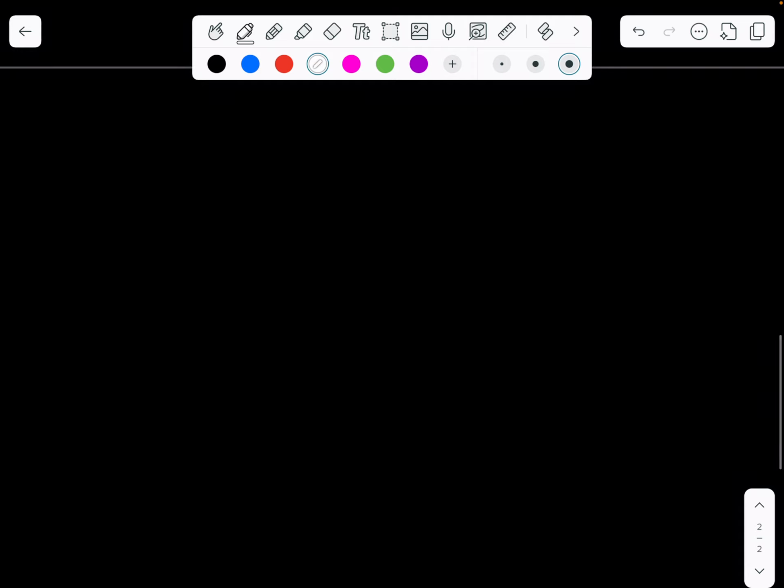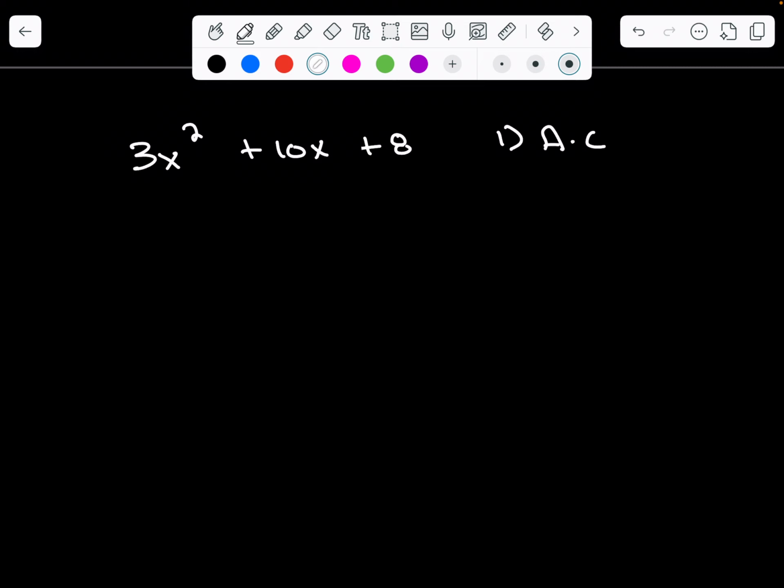Okay, I do encourage you to pause the video and try this one on your own, and then check my work with it. So I'm assuming that you've paused the video, so let's go ahead and go through this together. So 3 steps. First step, a times c. In this case, that is 24. Second step is to figure out what 2 numbers multiply to get to 24 and add to get to 10.